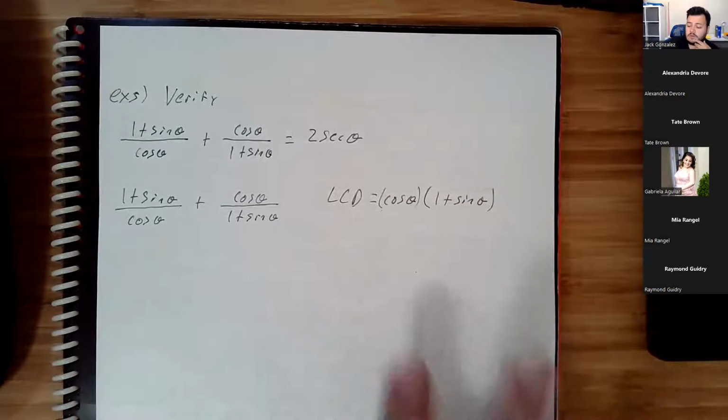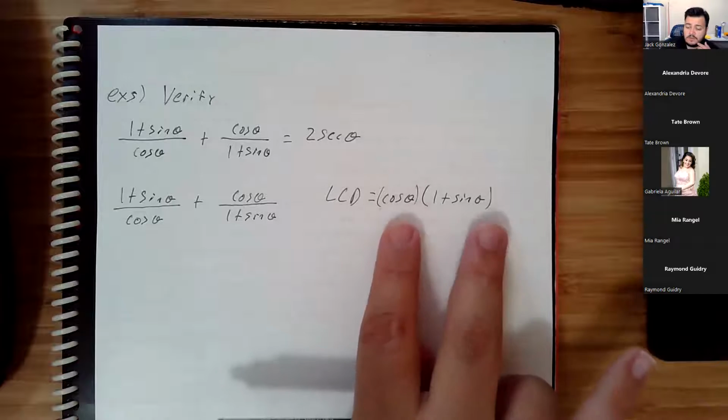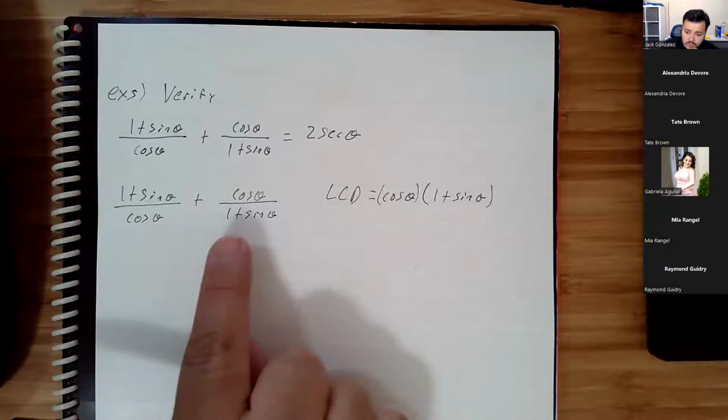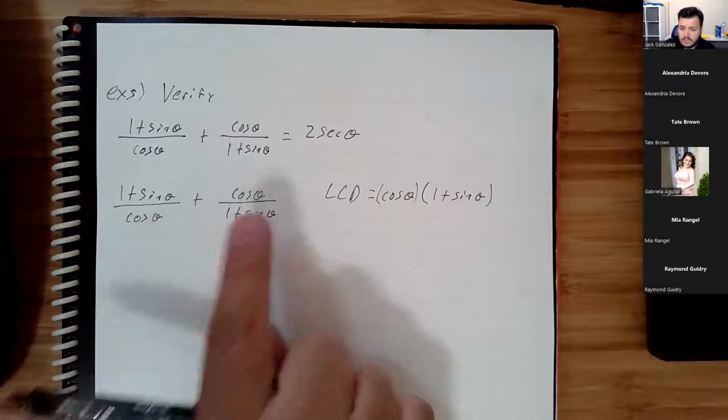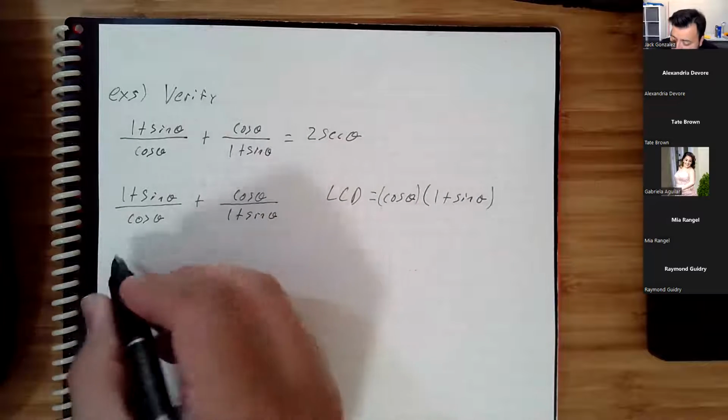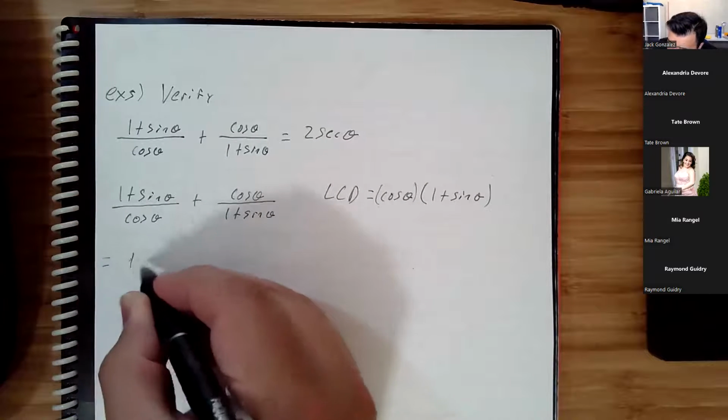All right, so the LCD is right here. So I'm going to need this on the bottom of both fractions. So this needs 1 plus sine. This needs cosine. So introduce it, multiply the top and bottom.